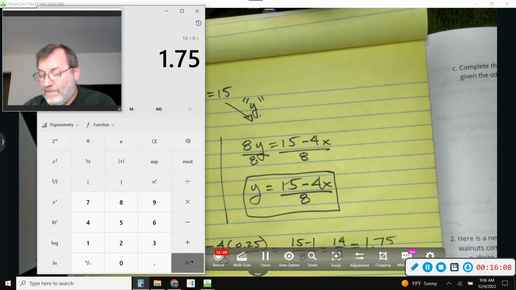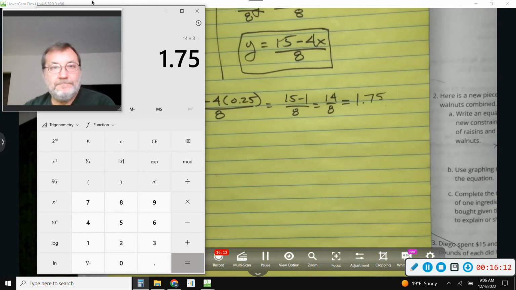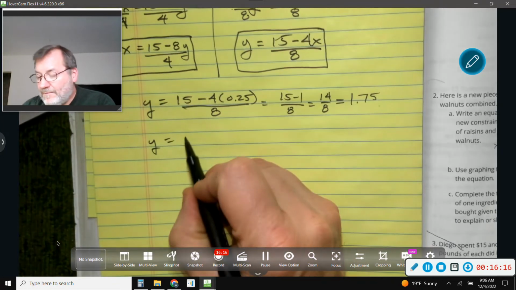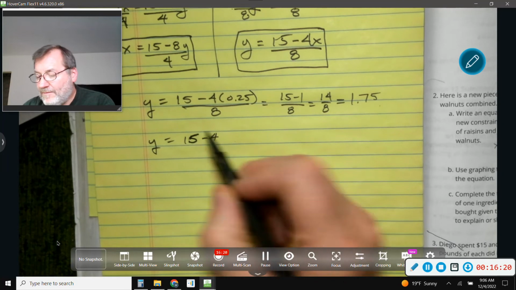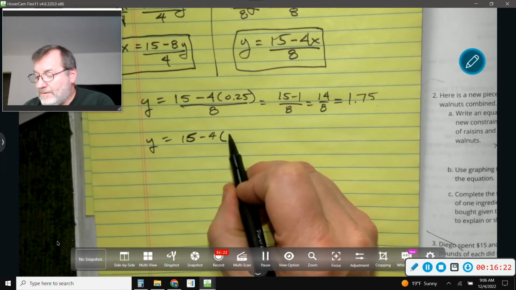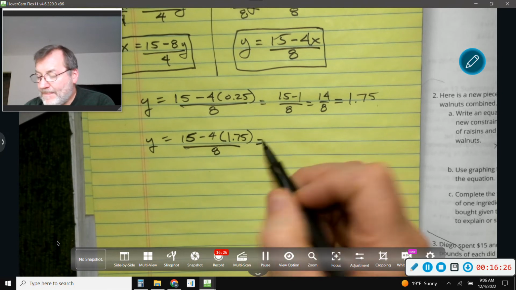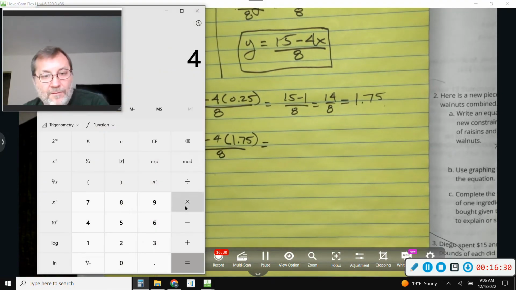So y equals 15 minus 4, let me redraw that 5, there we go, times 1.75, everything divided by 8. Let's see, 4 times 1.75.